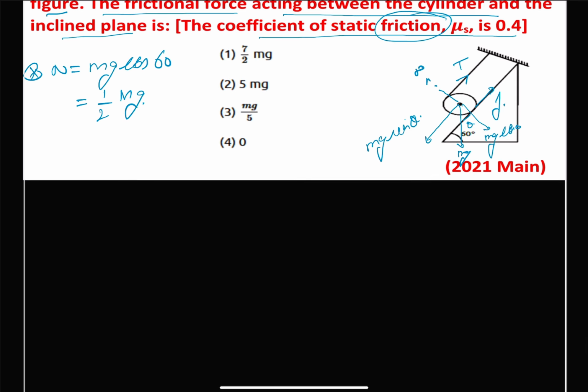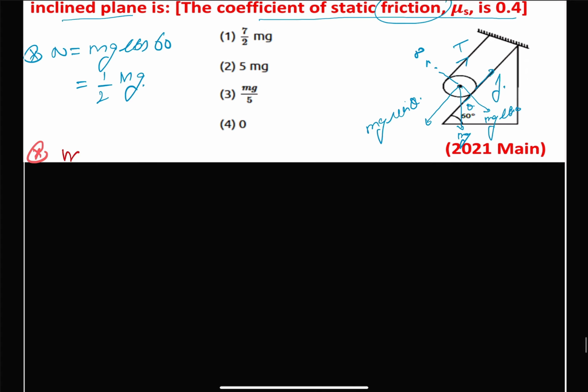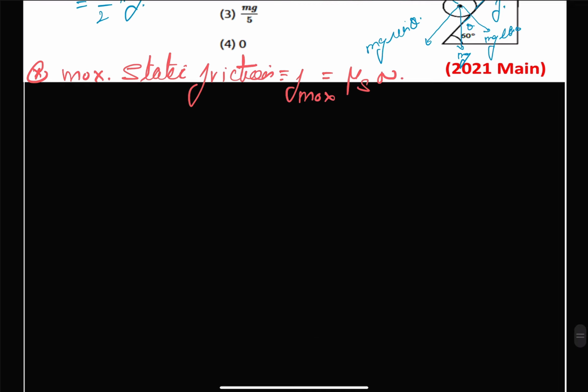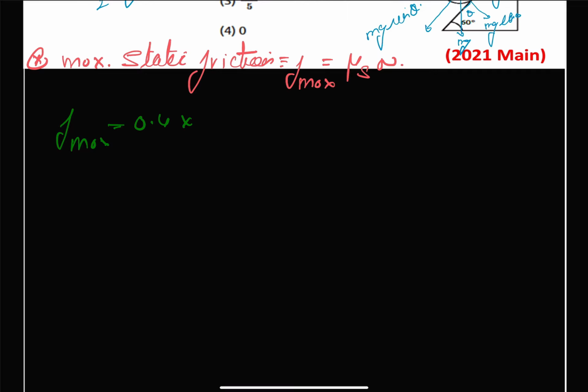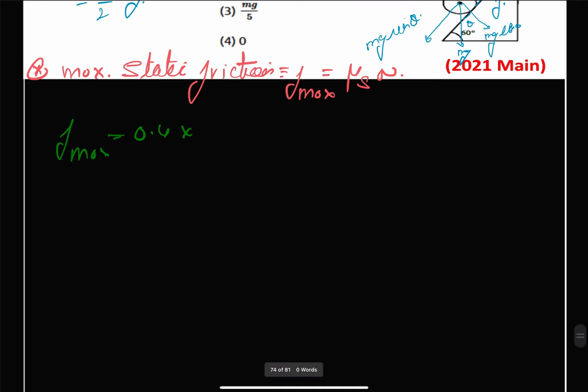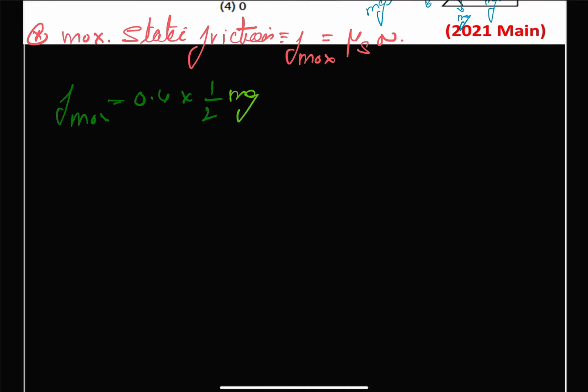Therefore, the maximum static friction, which is F max, will be equal to mu s multiplied by N, and which gives us that F max is equal to mu s, which is 0.4, multiplied by N. N is 1/2 times mg, and this comes as mg by 5.